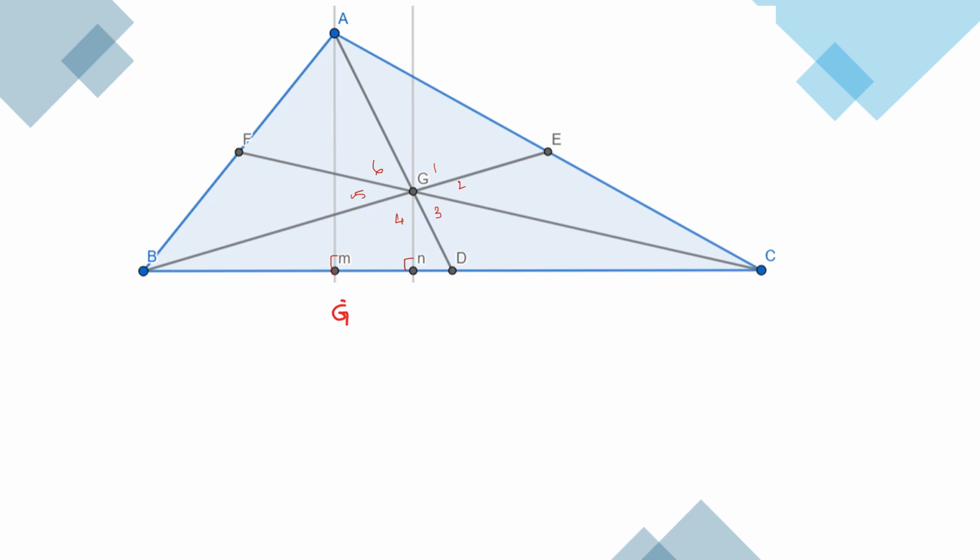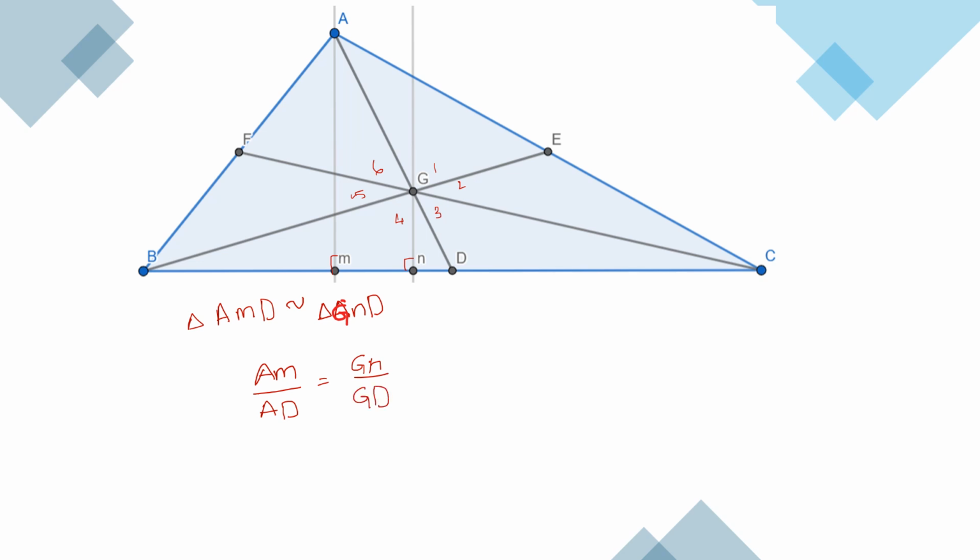To prove this, I have drawn two altitudes from vertex A and from point G, which is the centroid. Now we can observe the similar triangles, triangle AMD and triangle GND. So AM by AD should be equal to GN by GD.